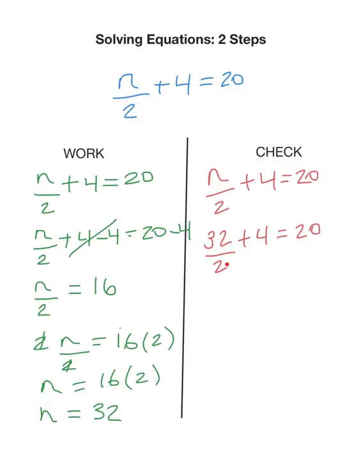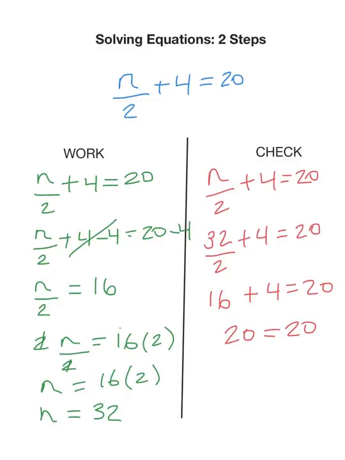So we need to do this division part first. So 32 divided by 2 gives us 16. And now copy the rest down. Now 16 plus 4 gives us 20. And the other side is 20. So as you can see, 20 equals 20. Left side equals right side. So when n is 32, the whole equation equals 20.